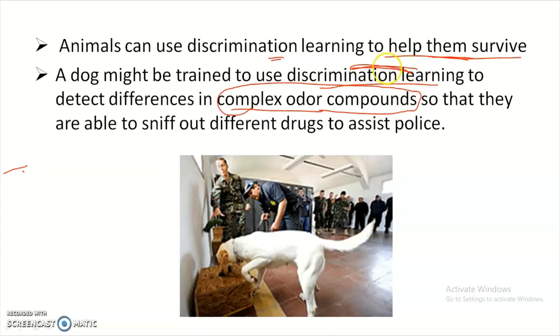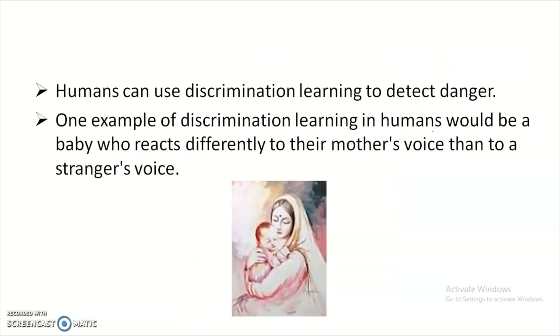With its help, the dogs can identify whether something is normal or abnormal, such that the police can catch thieves or culprits, because the dogs are able to sniff out the different drugs to assess the people.